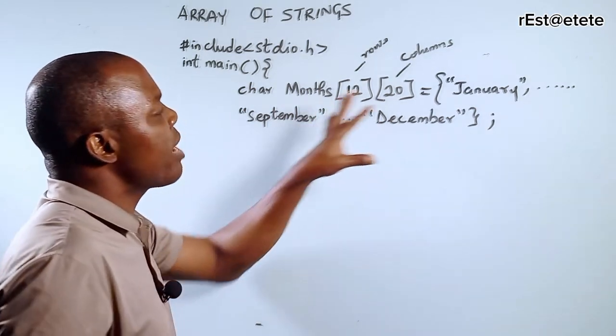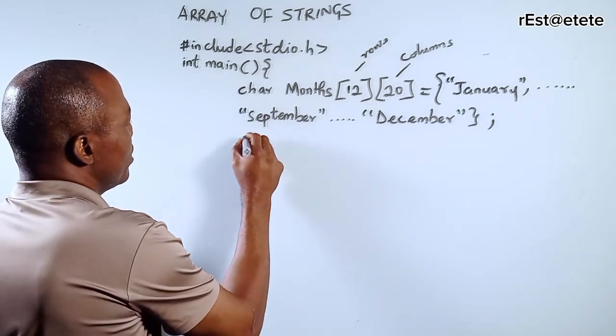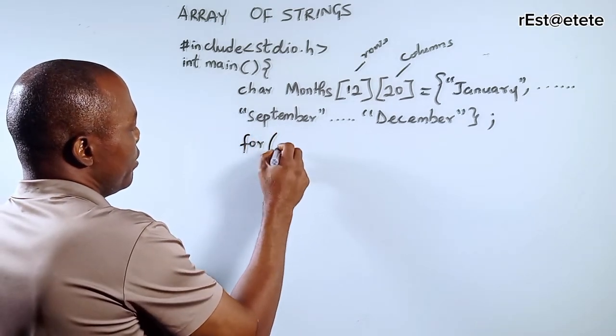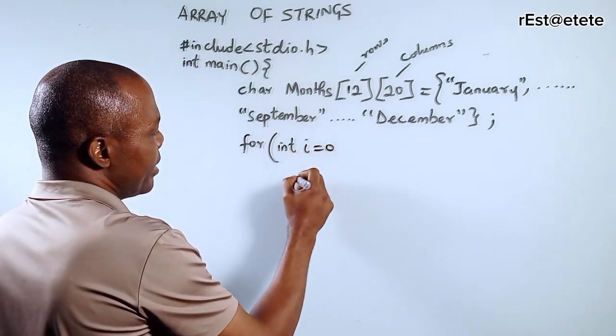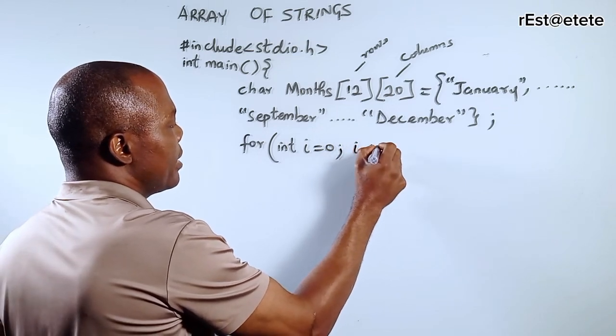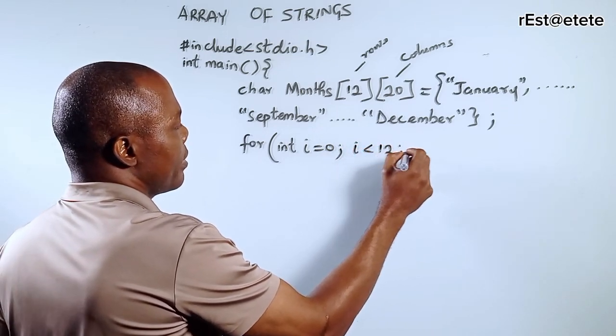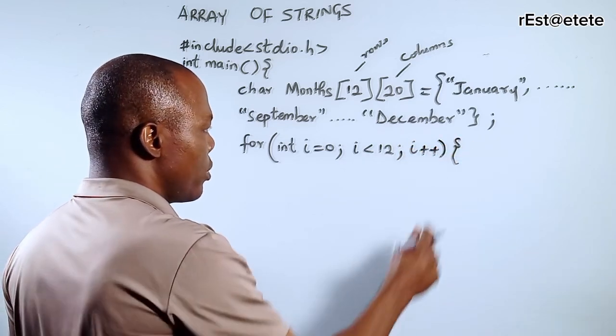All right. So how do I print this out on the screen? I'm going to use my nested for loop. So for the first part, I'll say int i assign 0, then i less than 12, i plus plus, then I will go in.